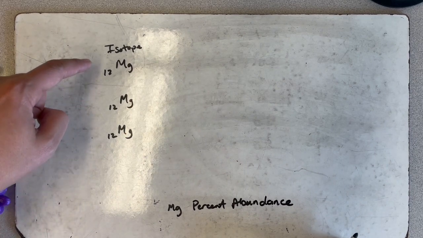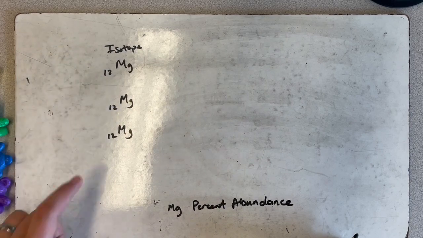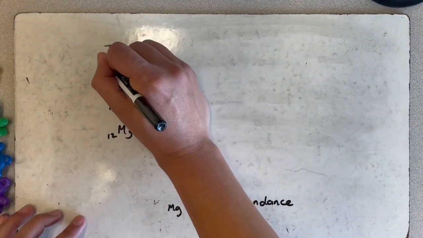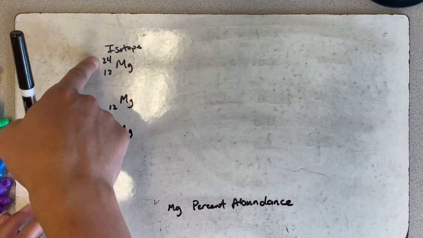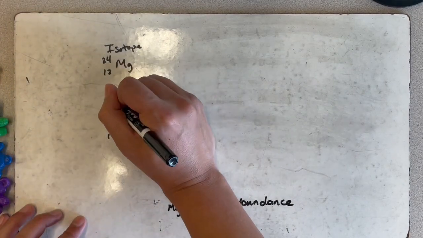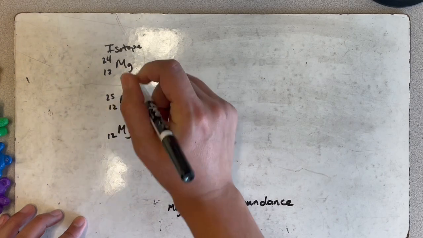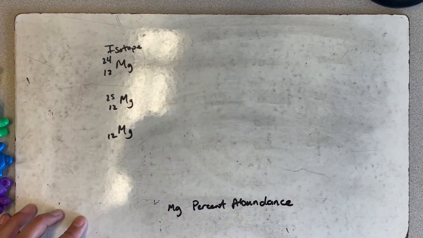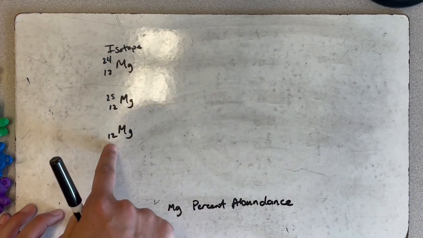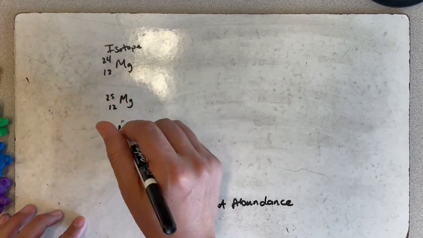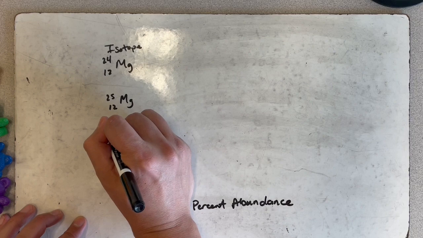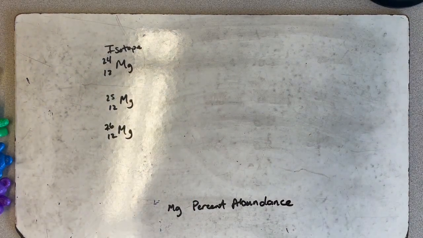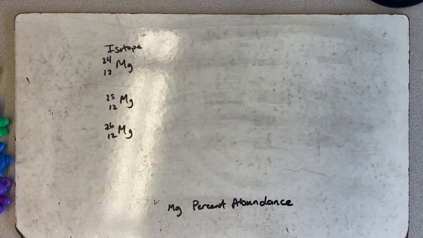If you remember, the mass number goes in the top left corner, and it is the number of protons plus the number of neutrons. If I have 12 protons and 12 neutrons, that would give me a mass of 24. 12 protons and 13 neutrons would give me a mass of 25. And 12 protons and 14 neutrons would give me a mass of 26, right? So here are my 3 isotopes of magnesium.